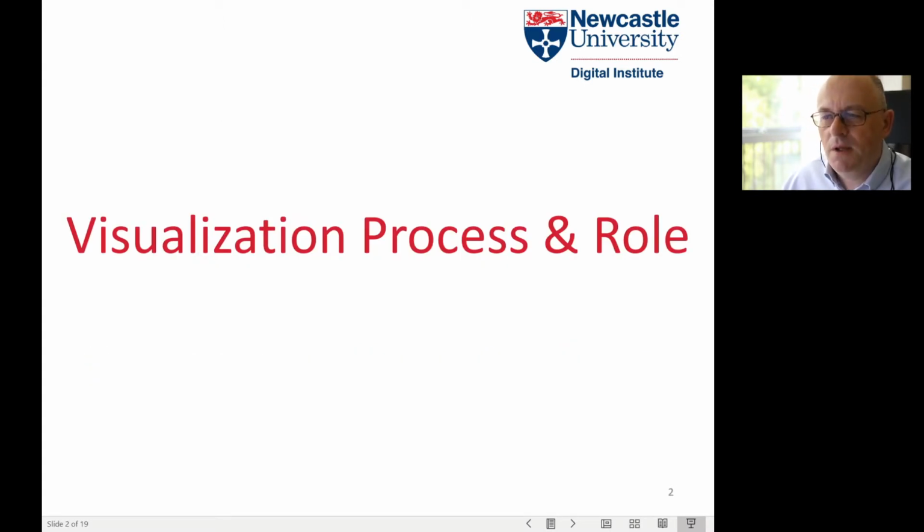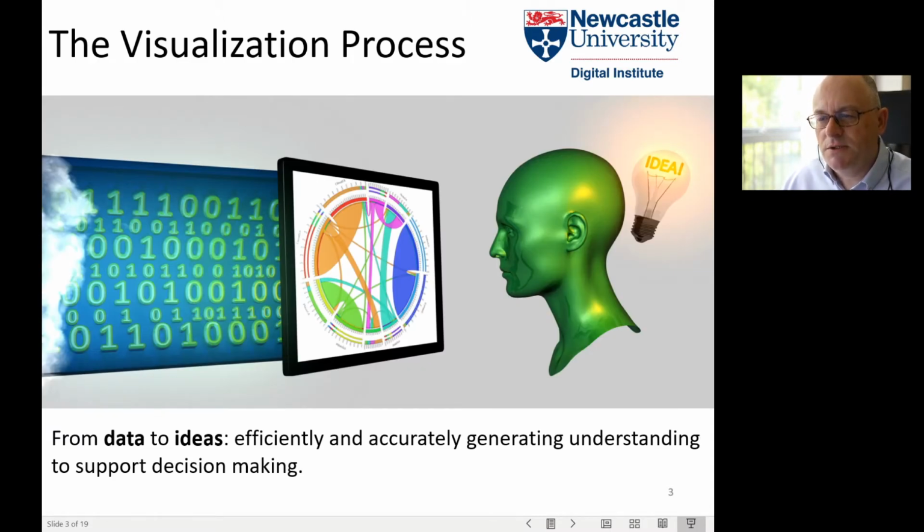So, what's the process of visualization? What's the role of visualization? This diagram tries to illustrate how visualization produces ideas from data. On the left of the diagram you'll see a cloud. Very often our data is stored in a cloud. It streams through a pipeline and is processed and turned into an image displayed on some kind of, usually electronic display, but also printed and other forms of display.